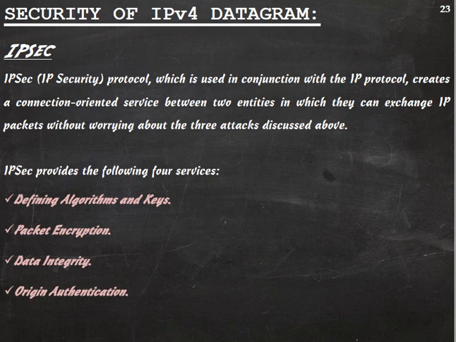Once the packet is encrypted and sent, the receiver has to perform the decryption operation and take back the data. If you have multiple levels of encryption, it is better and safer.